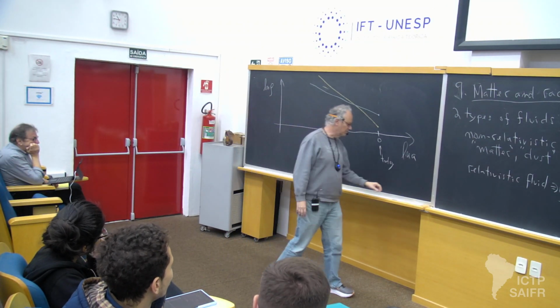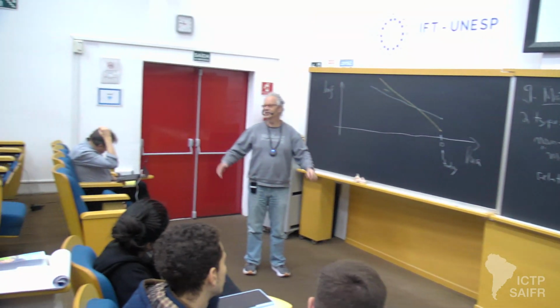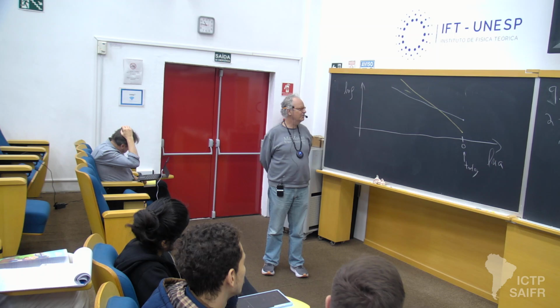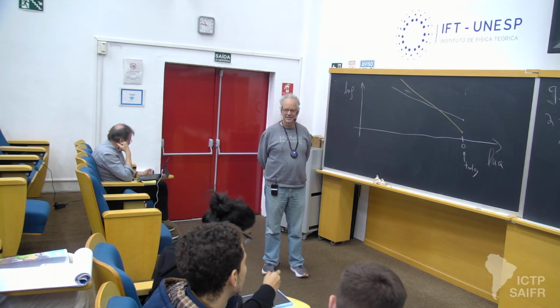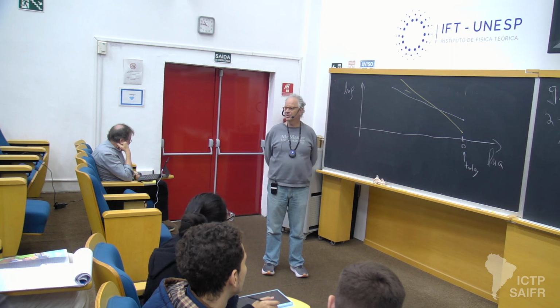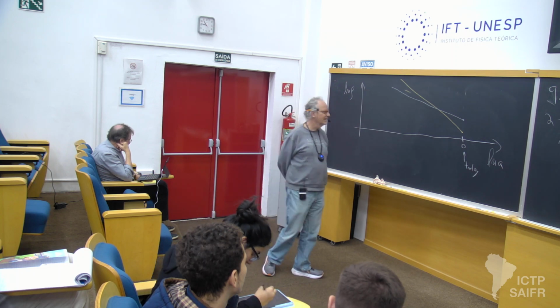And then there's one more component, which is the cosmological constant. How does it change with time? It doesn't. So how do I draw this cosmological constant in this plot? It's just a horizontal line.